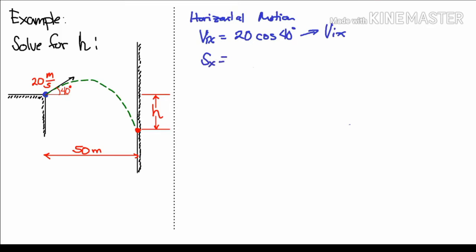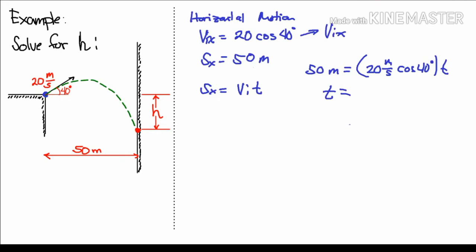Sx, which is the distance traveled, is 50 meters. The formula for the distance traveled is Vi times t. There is no acceleration. From this, we will substitute: 50 meters equals 20 cosine 40 times t.